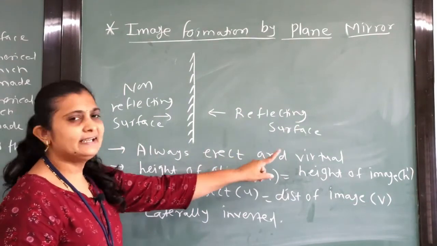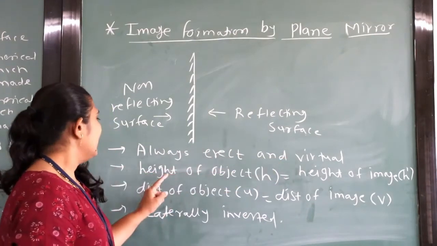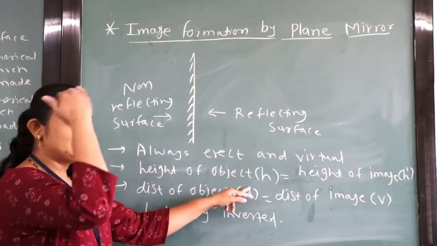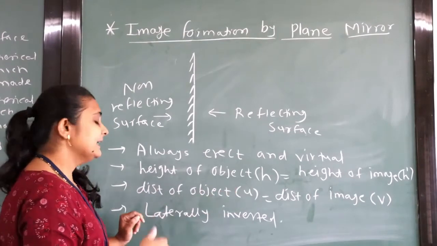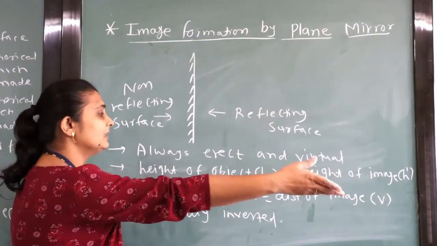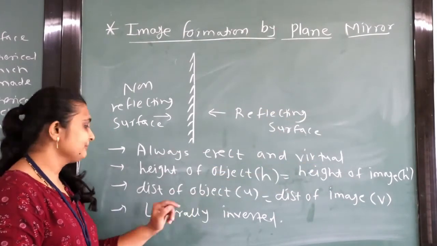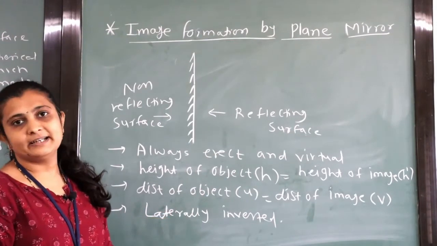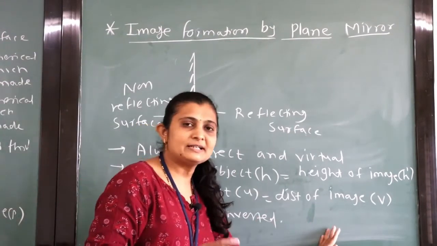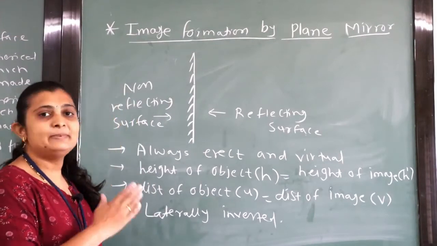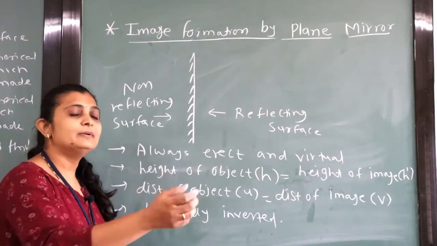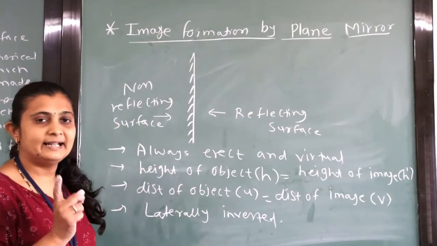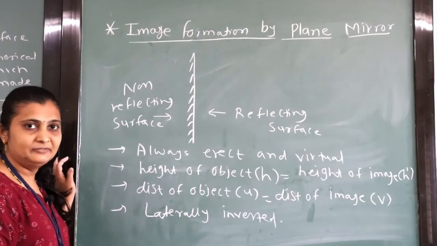Image is always erect and virtual. Height of object and height of image are the same. Distance of object and distance of image are the same, and it is laterally inverted. What is laterally inverted? The left hand side of the object becomes the right hand side of the image, that is called laterally inverted.